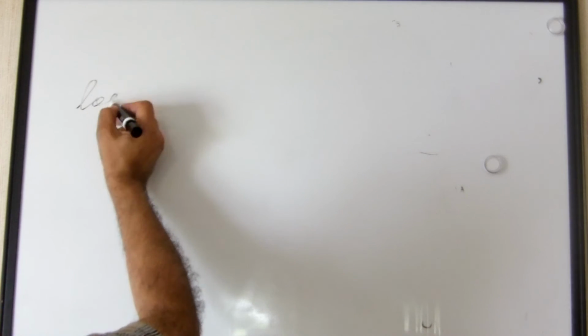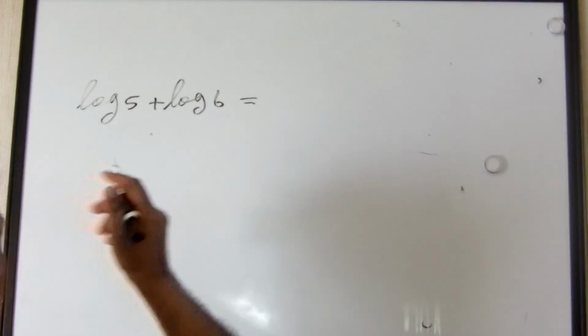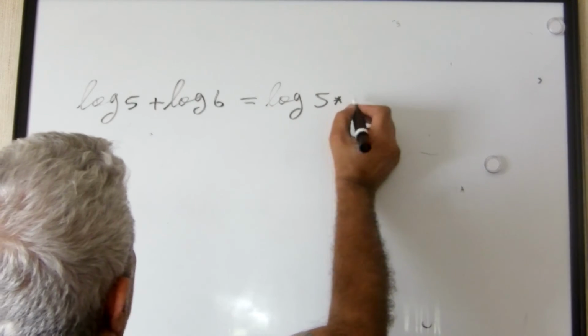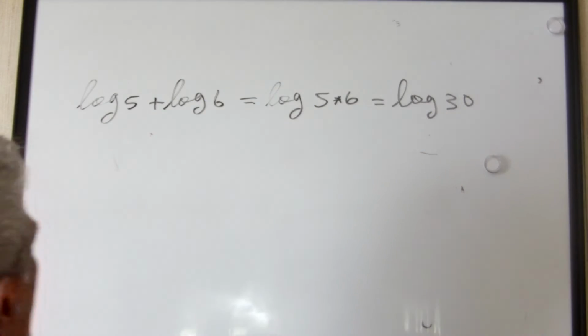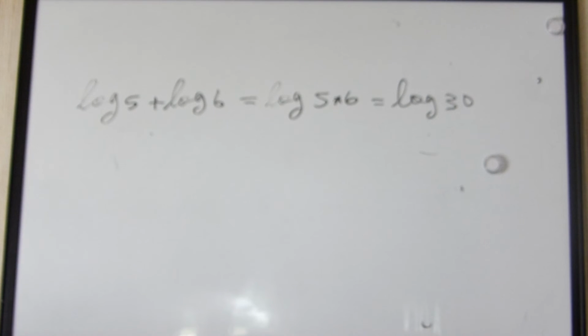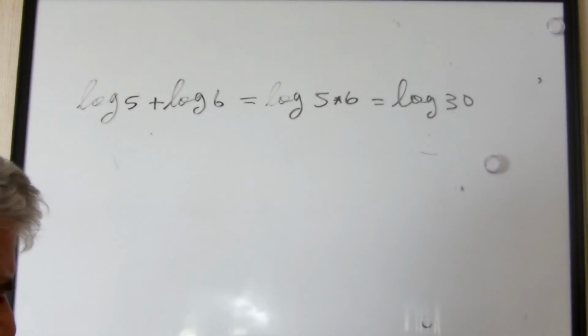Let's see just a couple of examples. Log 5 plus log 6 is going to be, see, we can write it as log 5 times 6, which is going to be log 30. If you use a calculator, you're going to get the same answer.